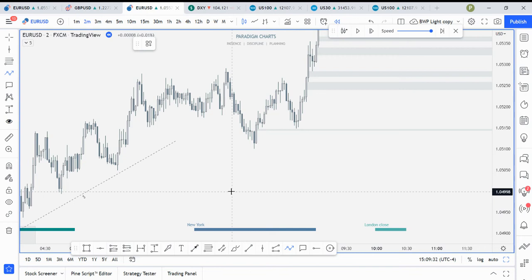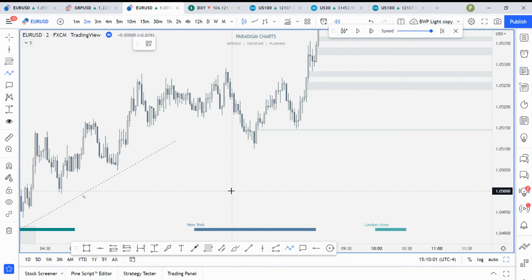There's a bearish order block and there's a bullish order block. For a bearish order block, you are looking for the last up close candle before an aggressive move to the downside. Now, bullish order block is the first down close candle before an aggressive move to the upside.